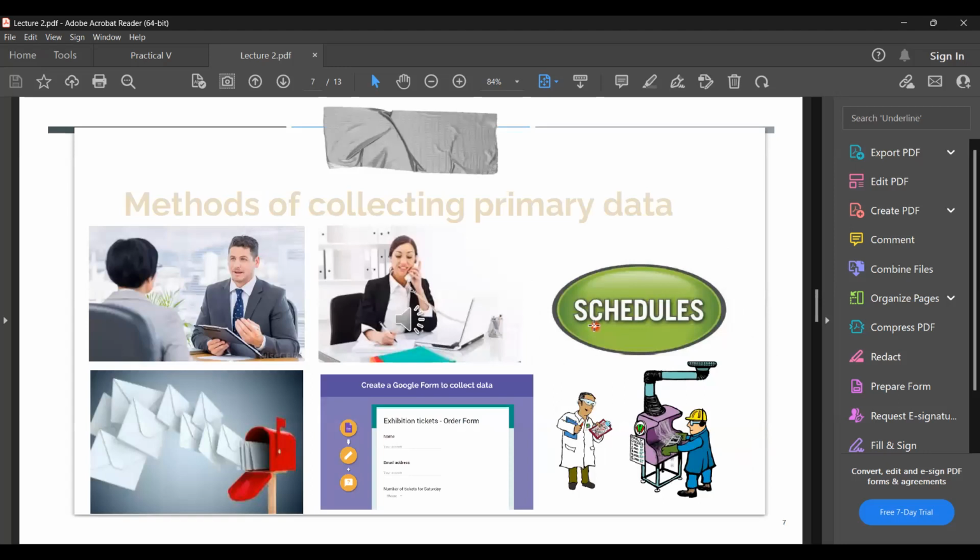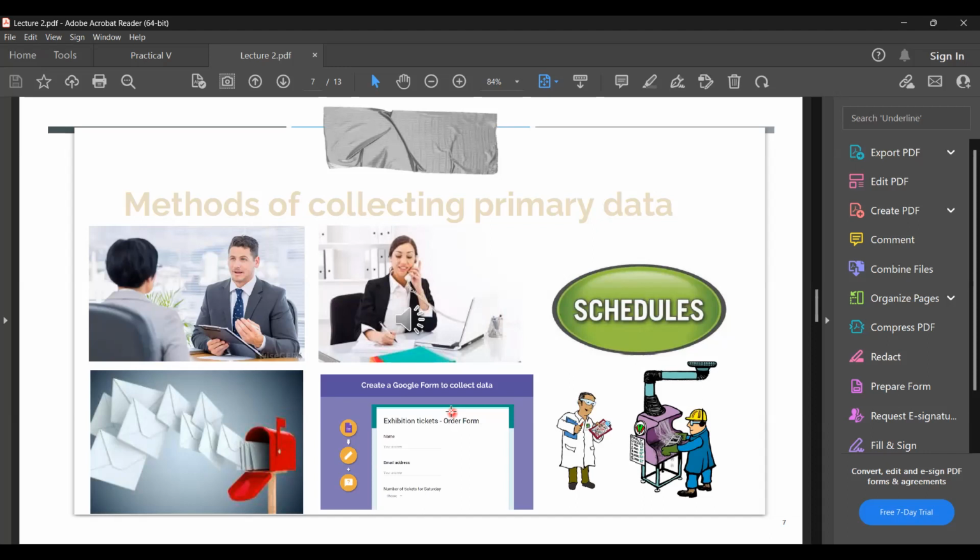Here you can see, you can do interviews, schedules, telephone conversation interviews, and mailed questionnaires. You can mail the questionnaire, and nowadays this is very popular. You can easily create a Google form, and you can distribute the form using the emails of the respondents, and you can collect data.